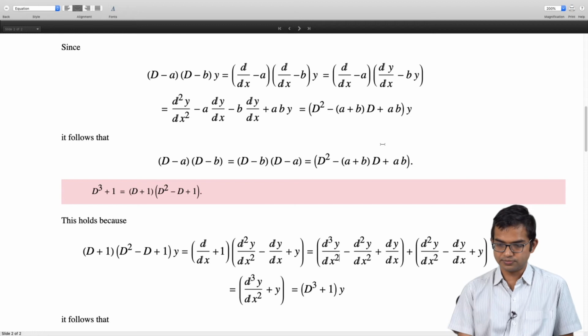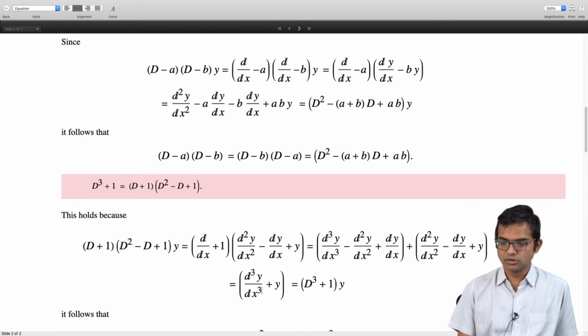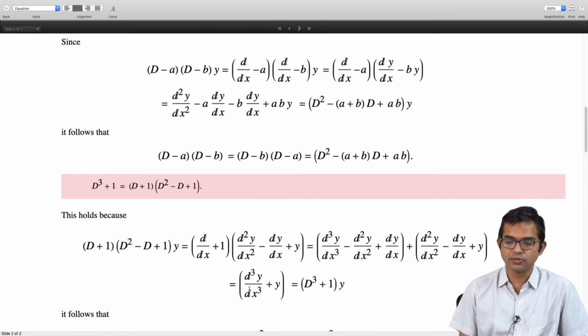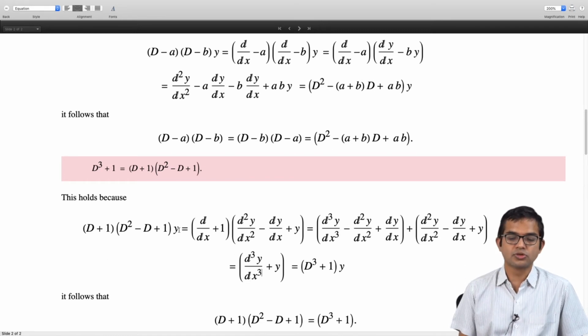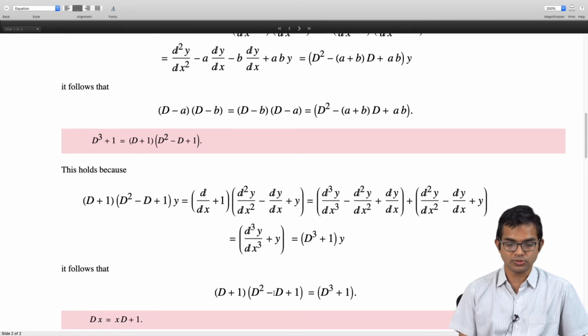So you get d cubed y by dx cubed, and the whole thing is (D cubed plus 1) acting on y. Therefore it follows that since it's true for any y, the operators themselves are equal. So (D plus 1) times (D squared minus D plus 1) is equal to D cubed plus 1.